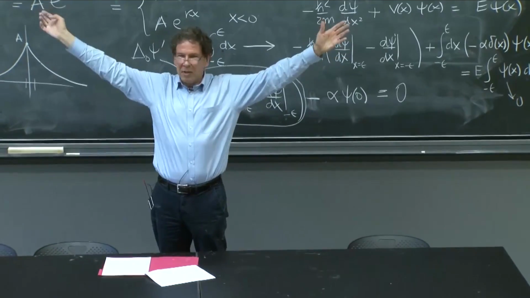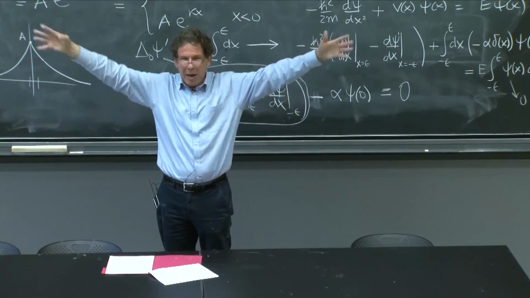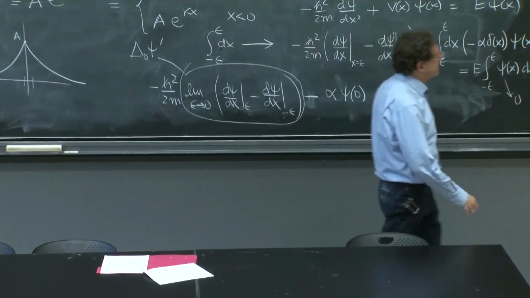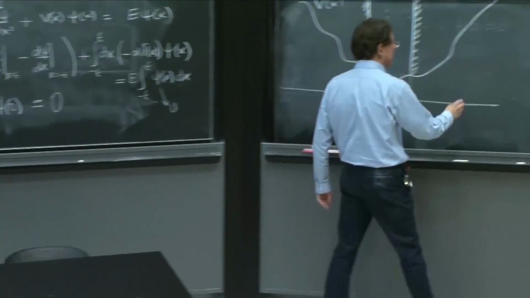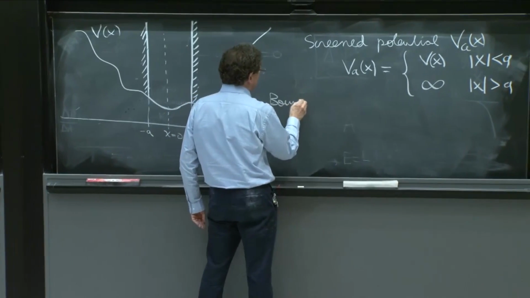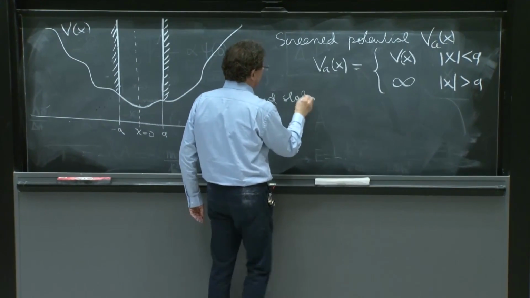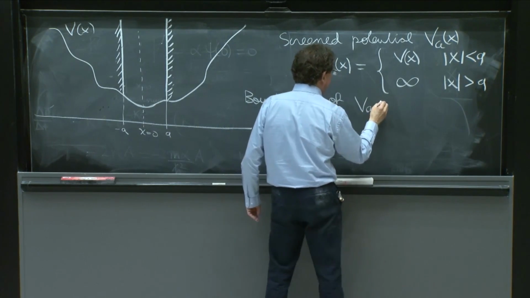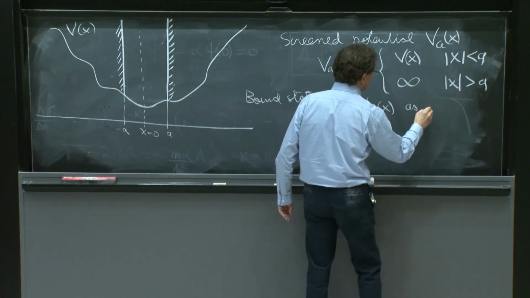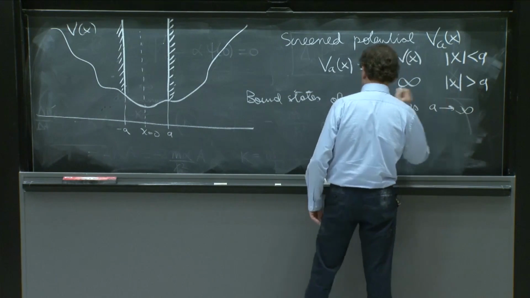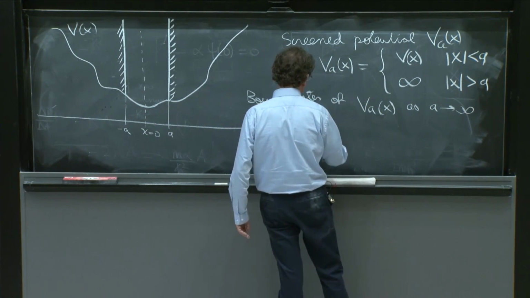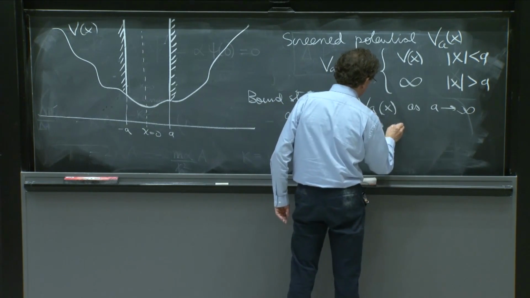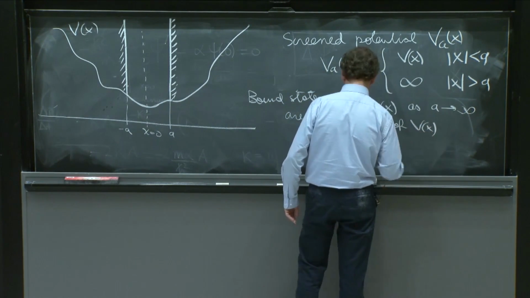And anyway, you can move it even further away. If you move it 1 light year away or 2 light years away, it shouldn't matter. So the idea is that the bound states of V_a of x as a goes to infinity are the bound states of V of x.